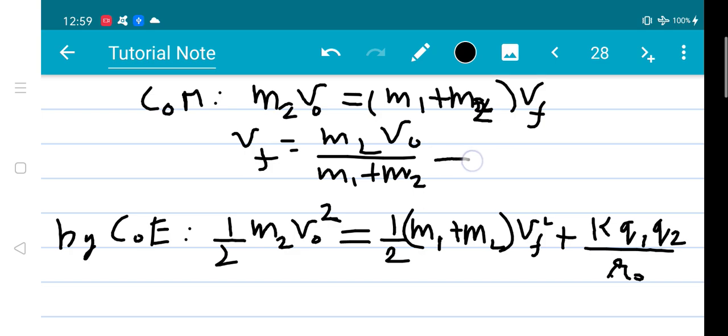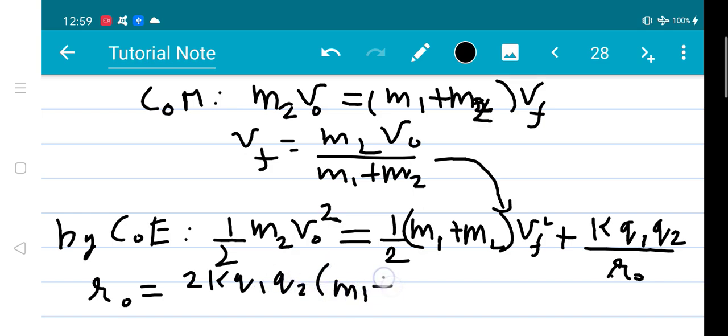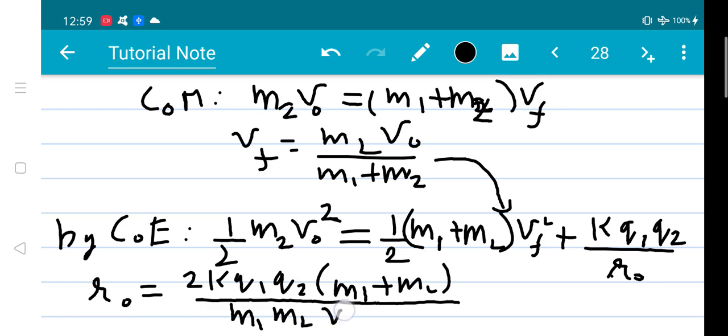Now putting the value of vf here and solving for r0, we find that the value of r0 is equal to 2k q1 q2 into m1 plus m2 upon m1 m2 v0 square. So this will be the distance of closest approach in this condition.